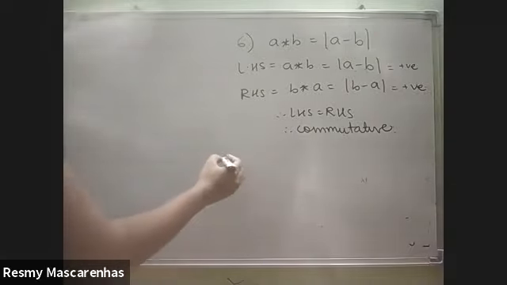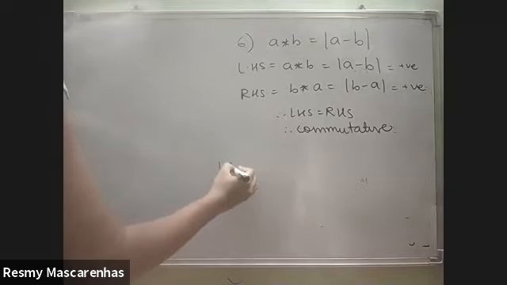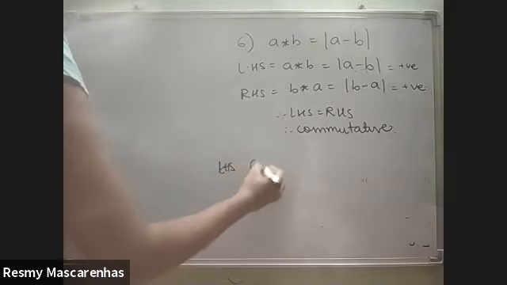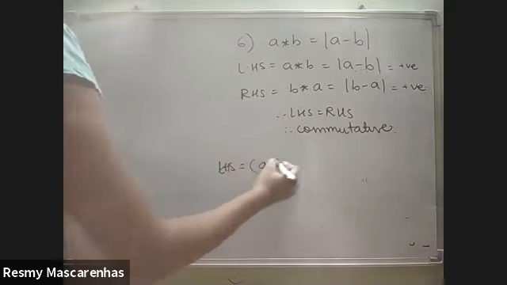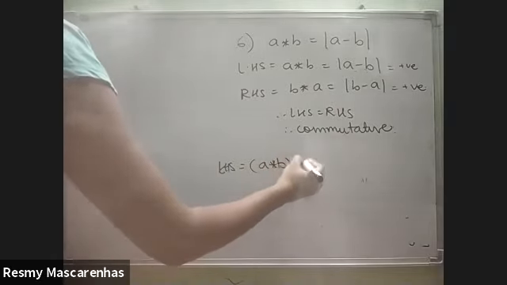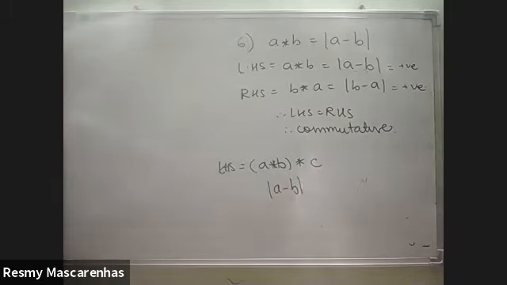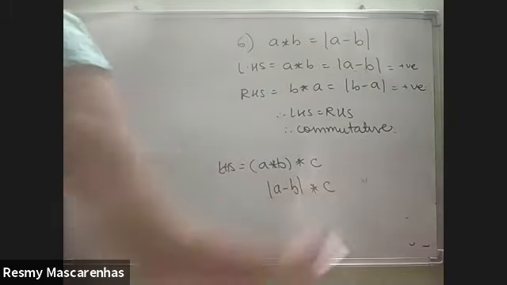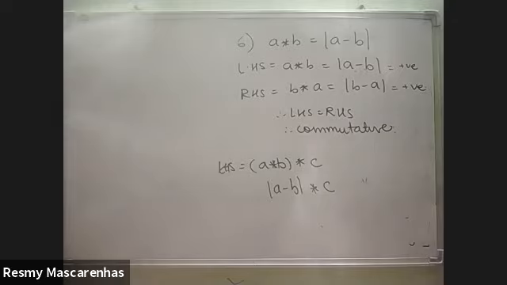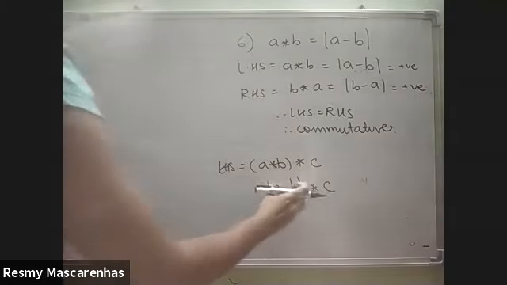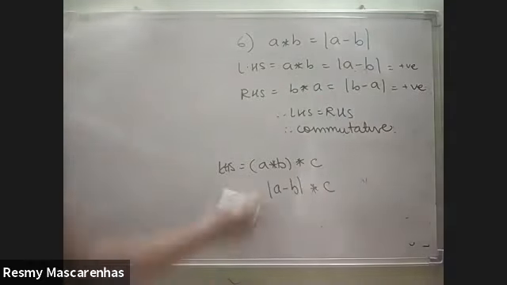Okay, then for associative, okay, so first minus second, no, and then outer modulus sign.